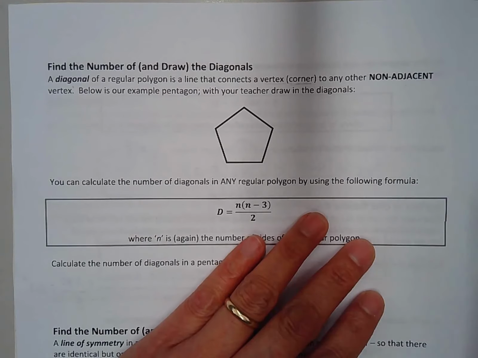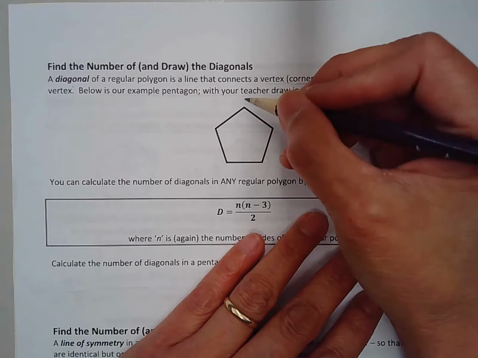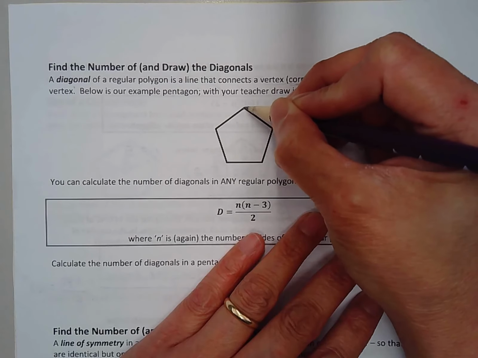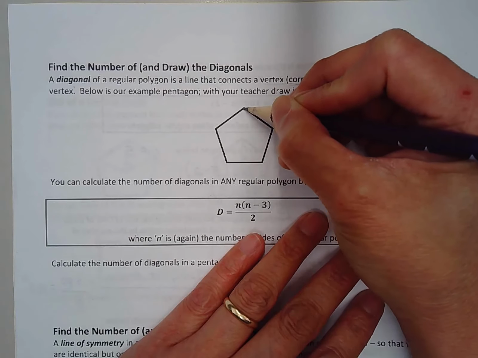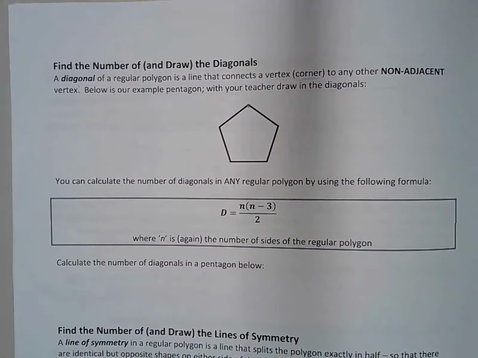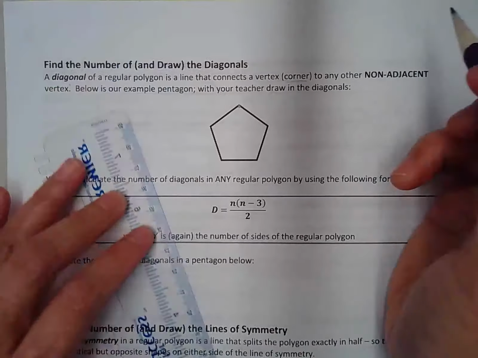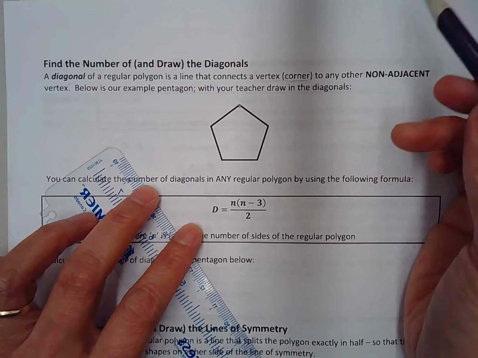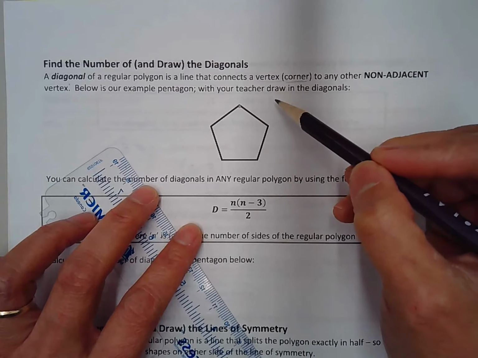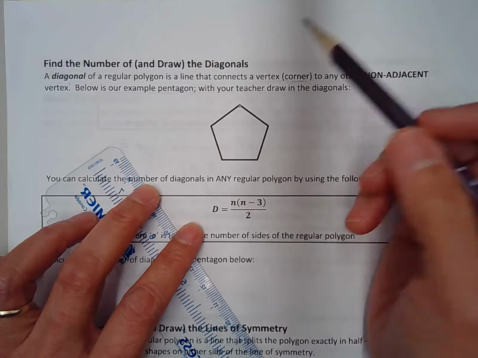So let's take a look at that one. If we start here, this is called a vertex, which is a corner point. I'm actually going to try to do a good job here. I'm not going to just sketch it. I'm going to use a ruler. We're going to create a diagonal.